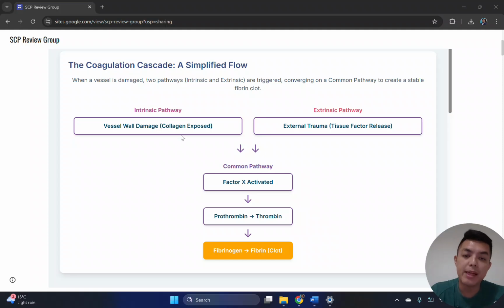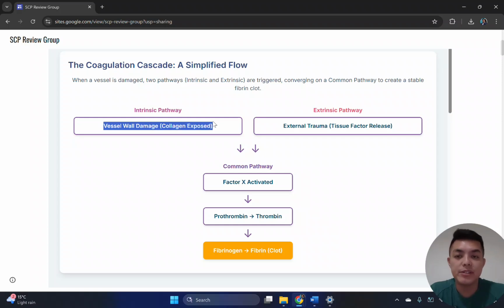So we have two pathways. The intrinsic pathway and extrinsic pathway, which then goes to the common pathway. So the two, intrinsic and extrinsic. Extrinsic, there will be external trauma, which will have tissue factor release, and there will be the intrinsic, wherein there will be vessel wall damage in whichever pathology it might be.